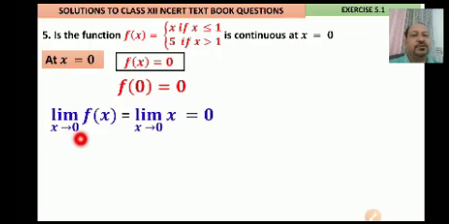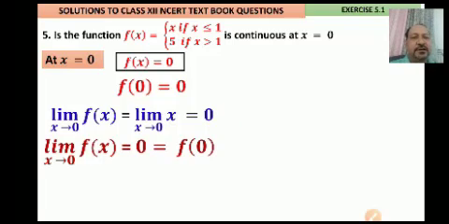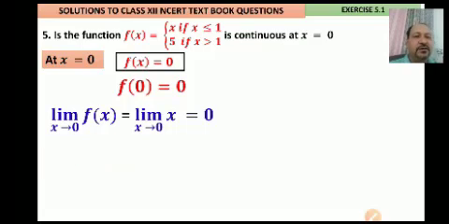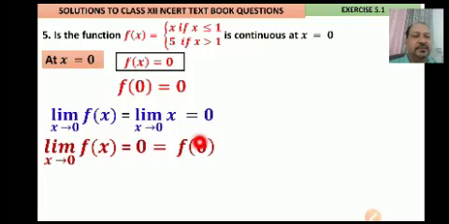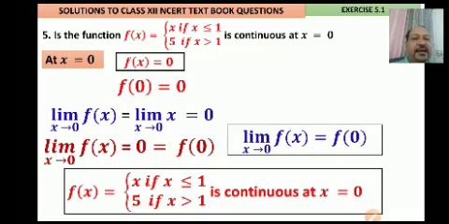Now limit x goes to 0, f of x equal to limit x goes to 0, x, which is also equal to 0. The limit value of the function, which is 0, is equal to the functional value at the point 0. So f of x is continuous at x equal to 0.